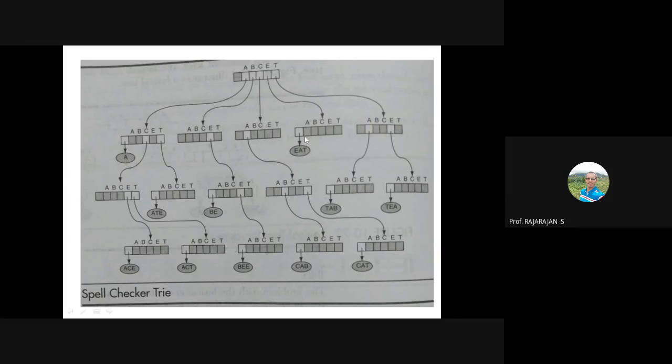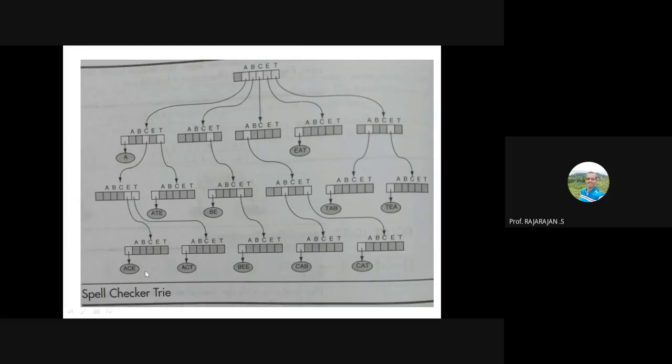That is a good question. I forgot to include it. The reason EAT has been included straight away here is that there is no other word having the combination of EA. For example, here we have ACE, ACT, which means you have to keep them separate, because after you reach C, you may either go to ACE or to ACT.